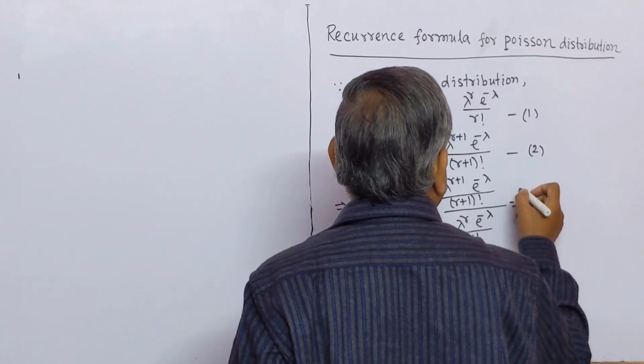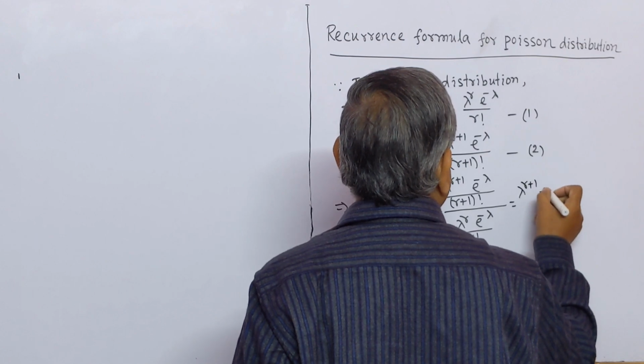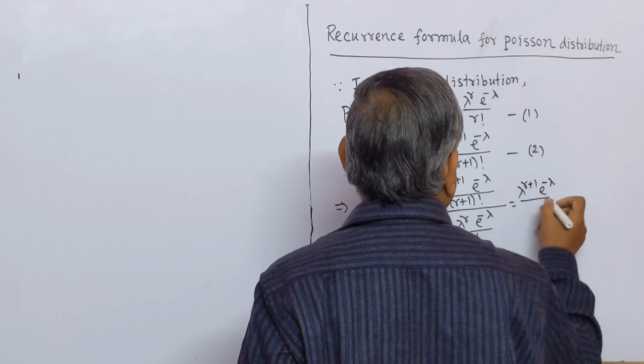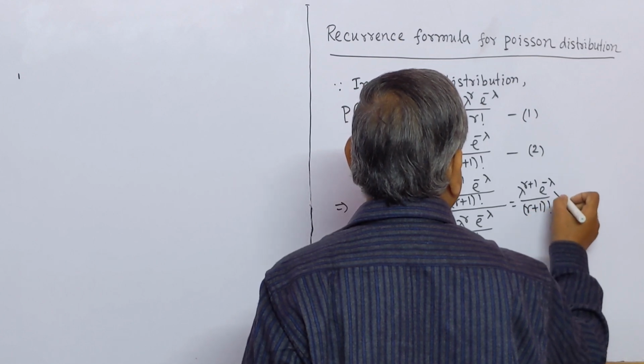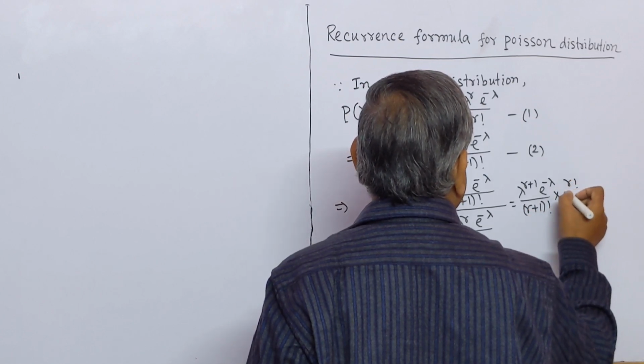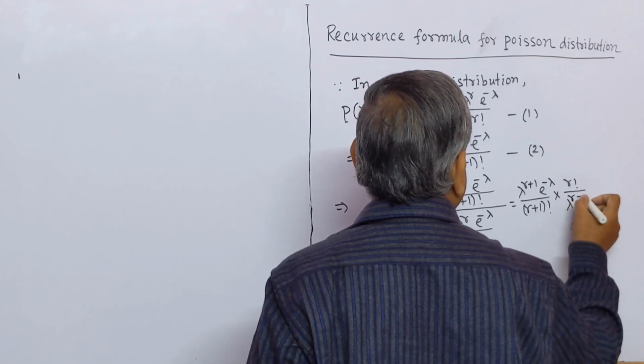This equals lambda to the power r plus 1 e to the power minus lambda by factorial r plus 1, multiplied by factorial r by lambda to the power r e to the power minus lambda.